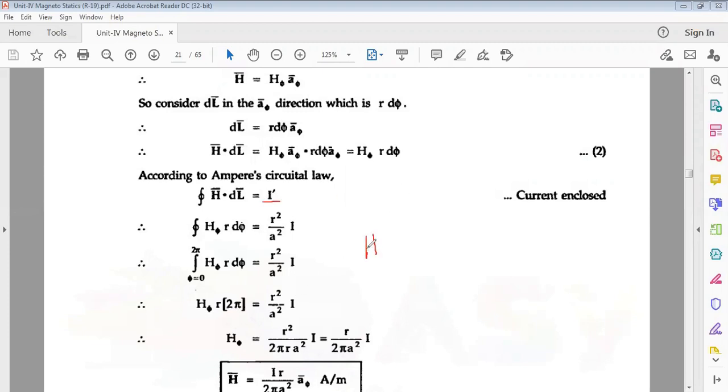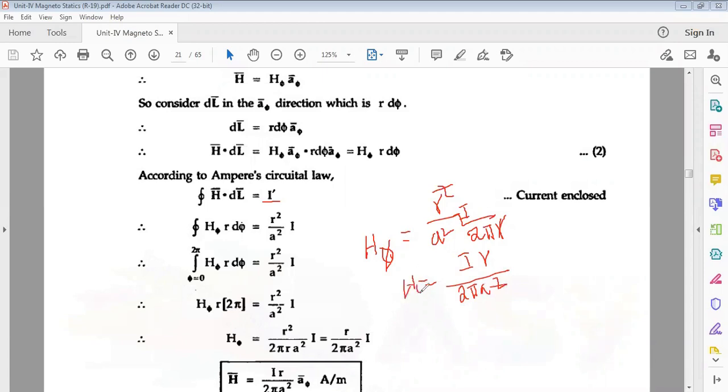Therefore H phi is equal to r square by a square into I divided by 2 pi r, which gives I r by 2 pi a square.